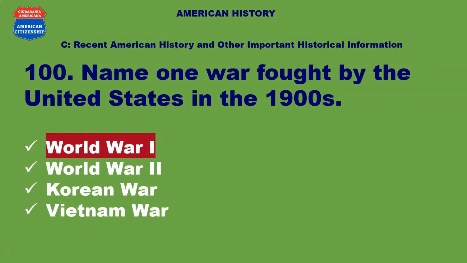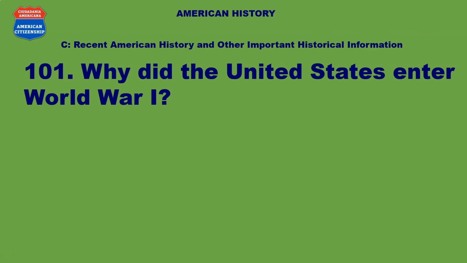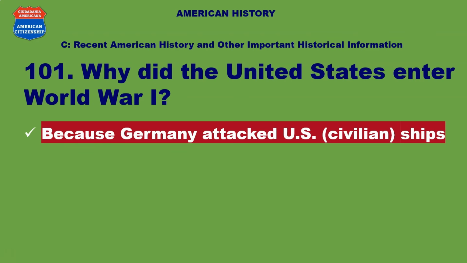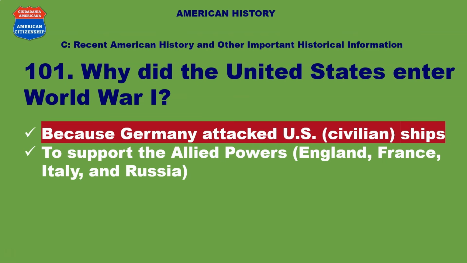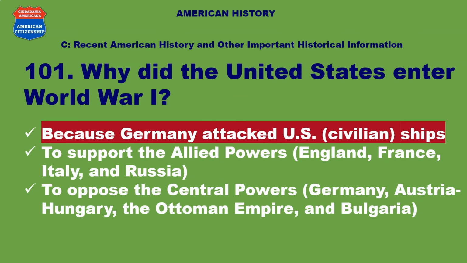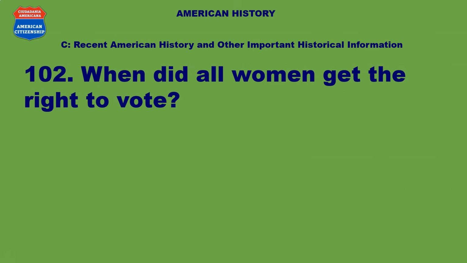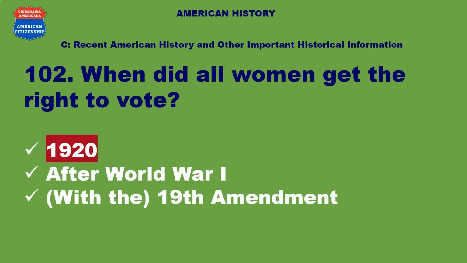World War I. Why did the United States enter World War I? Because Germany attacked U.S. civilian ships. When did all women get the right to vote? In 1920.